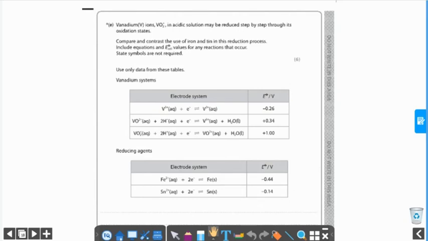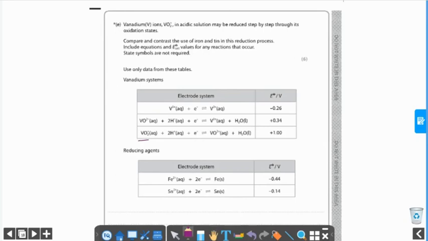Vanadium is given, all the vanadium from +5 onwards. +5 to +4, and this +4 to +3, and +3 to +2. So serial reduction step by step.